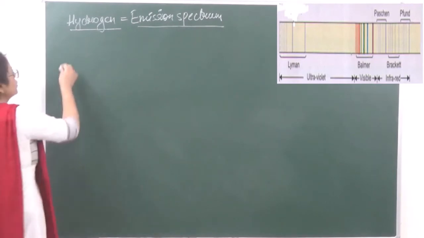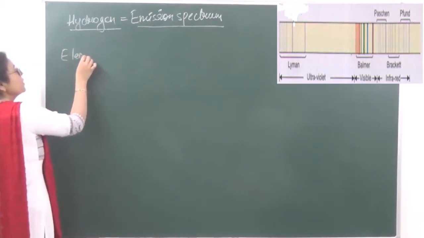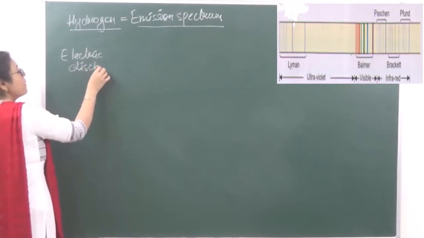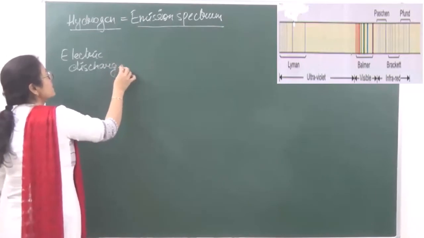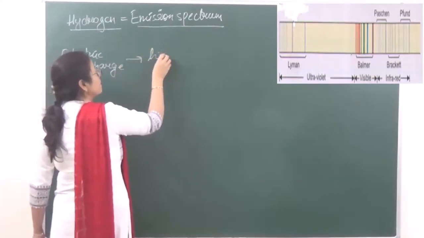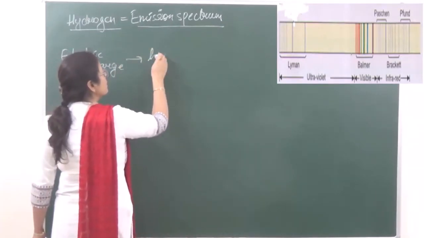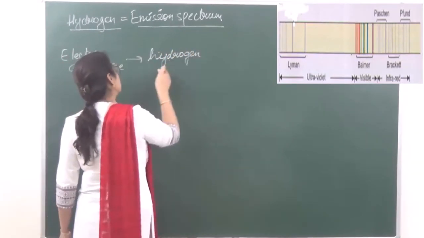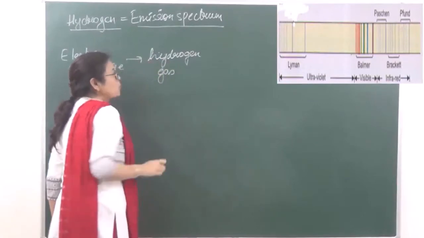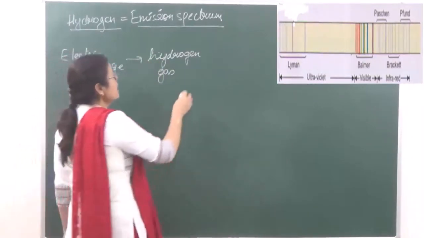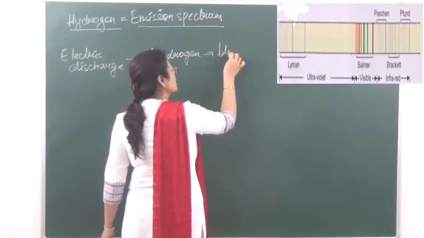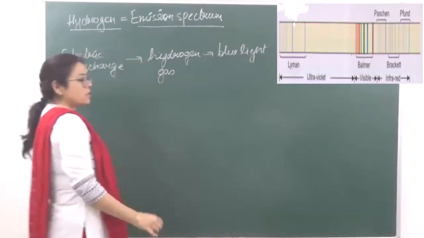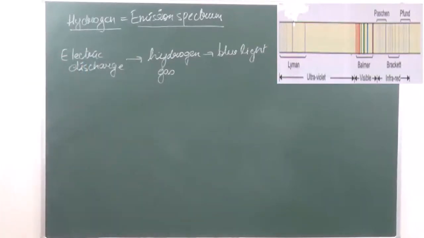Now when we are talking of hydrogen, what we do over here is that we take an electric discharge. This electric discharge is passed through hydrogen gas, and we see a blue colored radiation, or a blue light which is emitted.